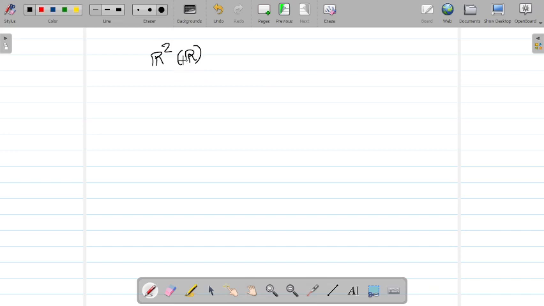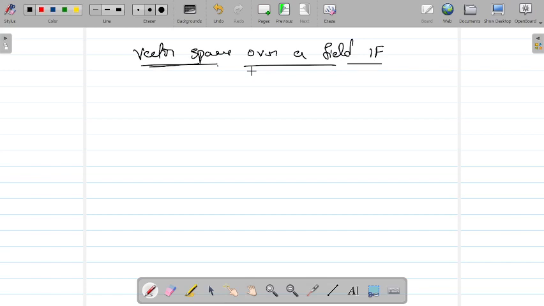Do you remember the definition of vector space we discussed in the beginning? A vector space over a field F. This field, we observed, can be rational numbers or real numbers or complex numbers, and of course we discussed finite fields.